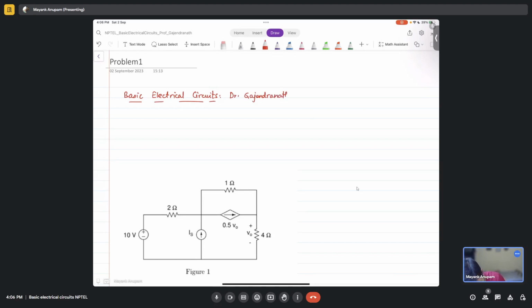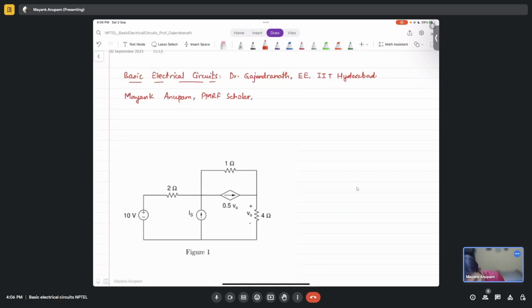He is in the Department of Electrical Engineering at IIT Hyderabad. Myself, I am Mayank Anupam. I am a PhD student and also a PMRF scholar, currently pursuing a PhD in the Department of Electrical Engineering at IIT Kanpur.